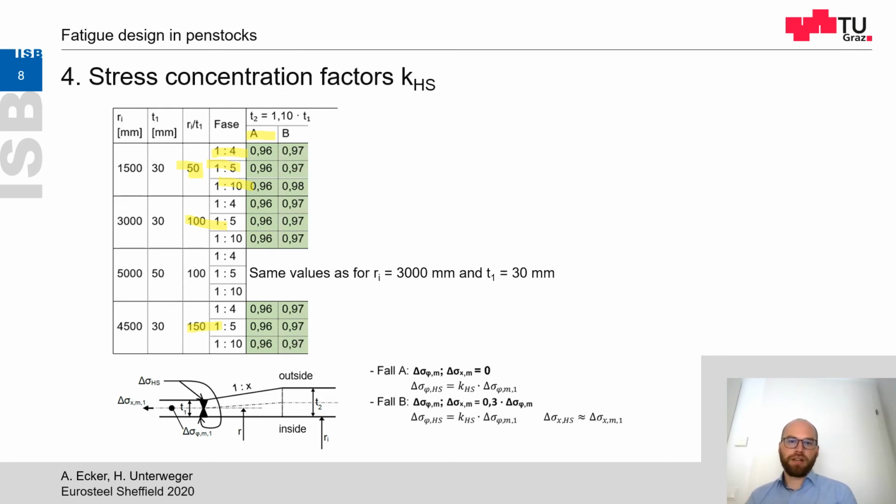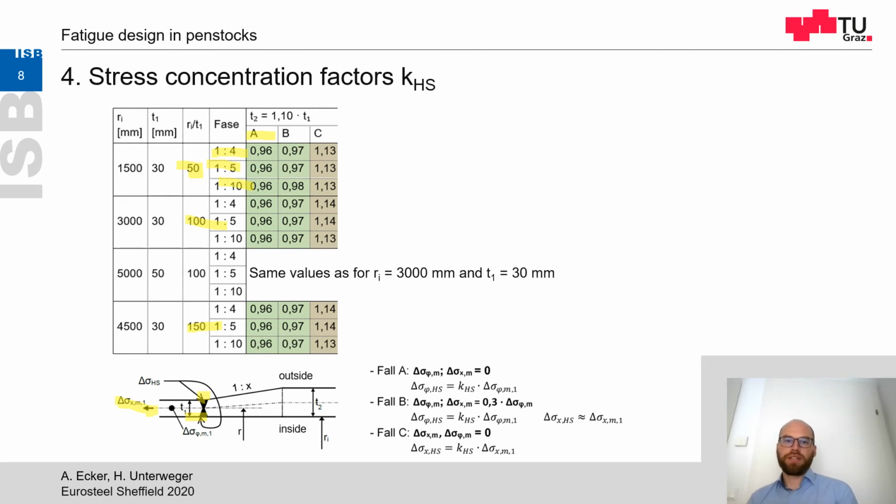As you can see, load case A, with the internal pressure without any longitudinal force, and load case B with a longitudinal force, deliver stress concentration factors lower than 1. That means that the membrane stress in the thinner pipe is bigger than the stress at the hotspot.